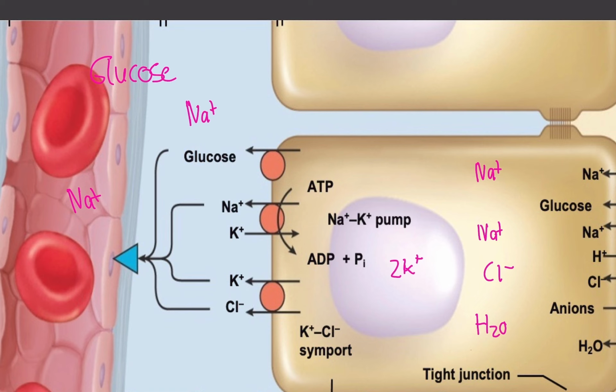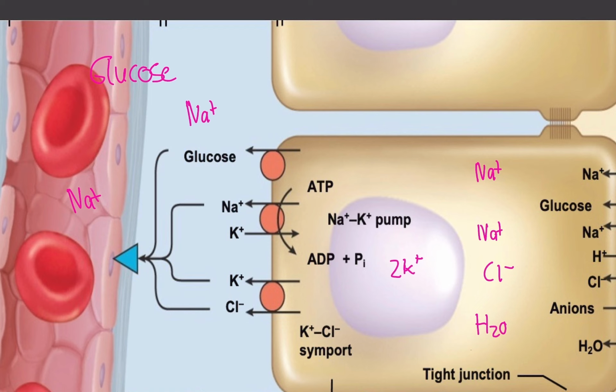And there's a low concentration of potassium in the extracellular fluid here. So by process of diffusion, potassium will want to go outside into the extracellular fluid because there's a low concentration of it. So it's going to use this gradient, this electrostatic force, and shove chloride outside.